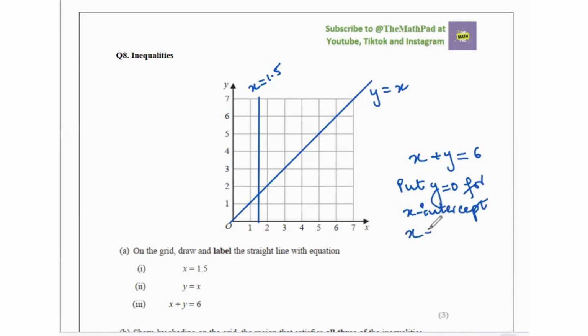So x plus 0 equals 6, and x equals 6, which means we have a coordinate of 6, 0. That's over here. Then for the y-intercept, we will put x equals 0.